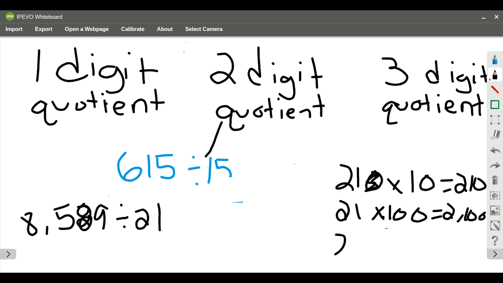And then 21 times 1,000 is going to be 21,000.